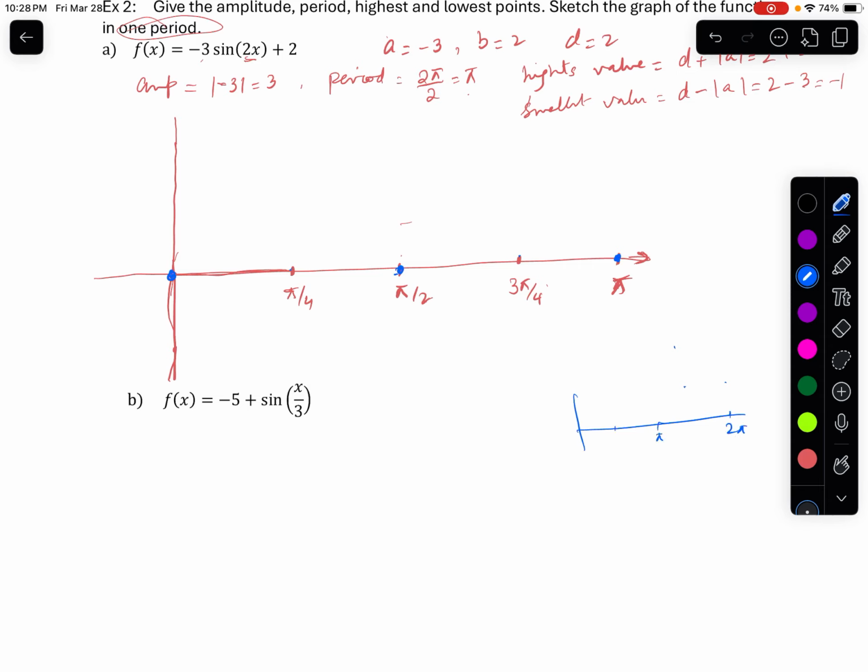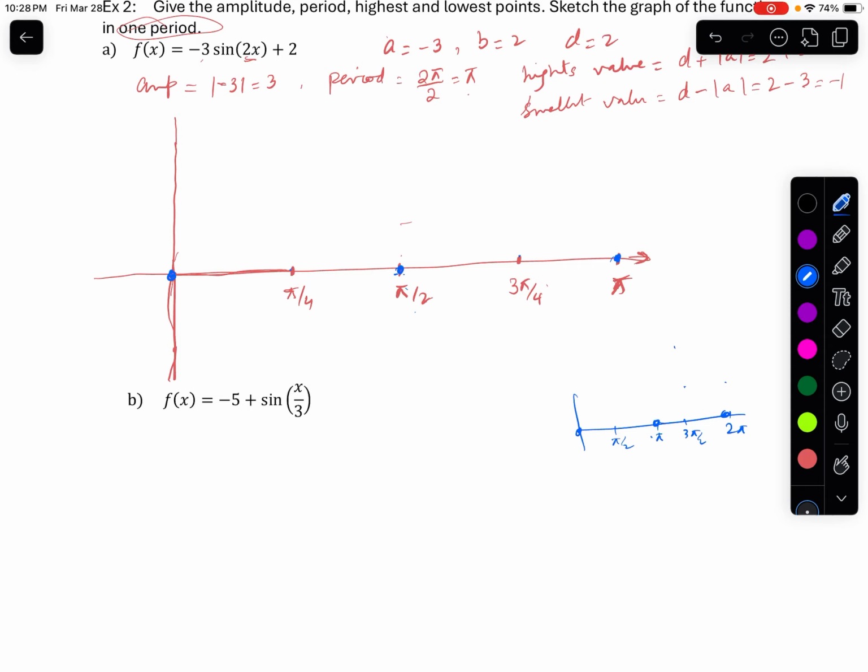This is pi over 2. This is 3 pi over 2. So sine is 0 at these 3 points, and you have to correlate them with the given condition. In place of 2 pi we have pi, so it will be 0 here. Then in place of pi we have pi over 2, so it will be 0 there. And 0, we have 0, so 0 there.